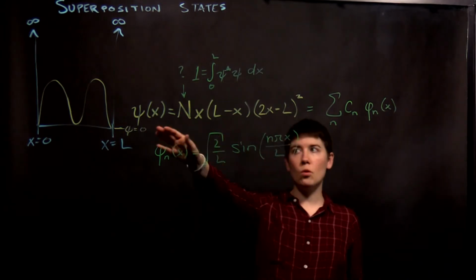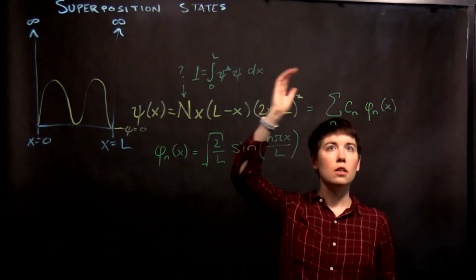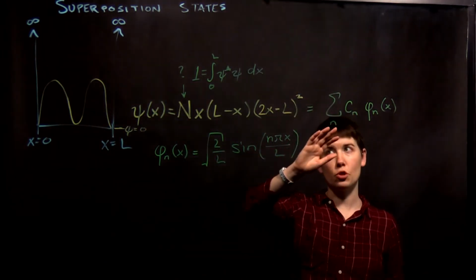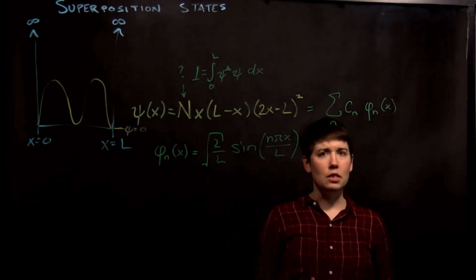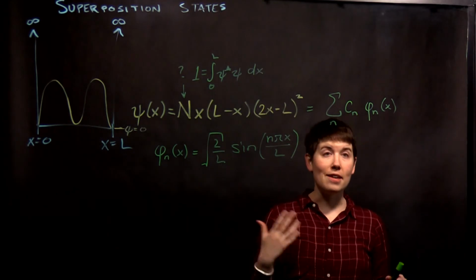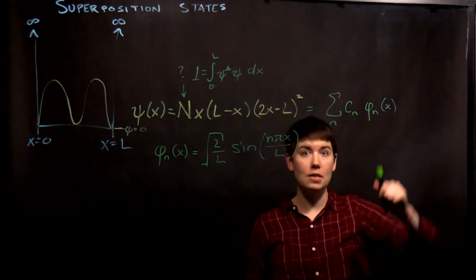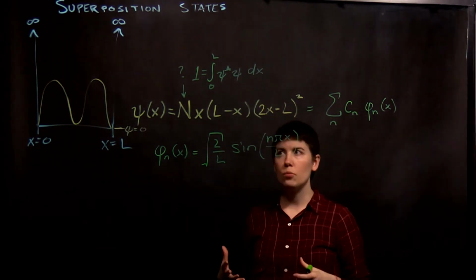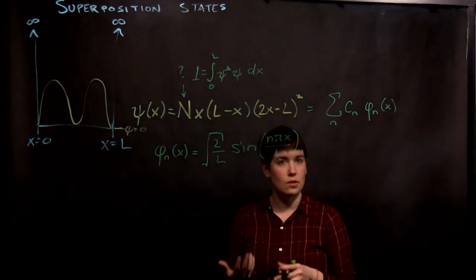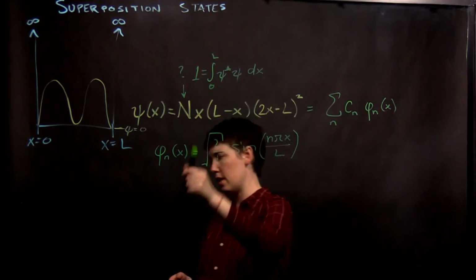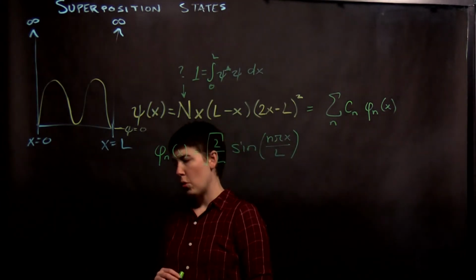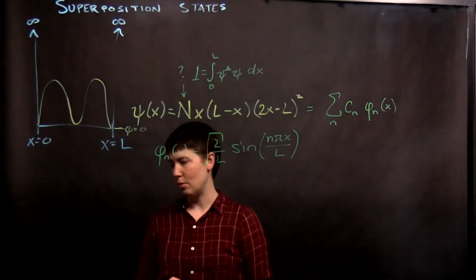So we can take whatever general state we want, and we can express it as a superposition. So if we wanted to get the probability of measuring a given energy En, that's going to relate to these Cn's. So the question we want to then ask and answer mathematically is how do we find the value of Cn's given this? So this is where it gets a little bit messy.